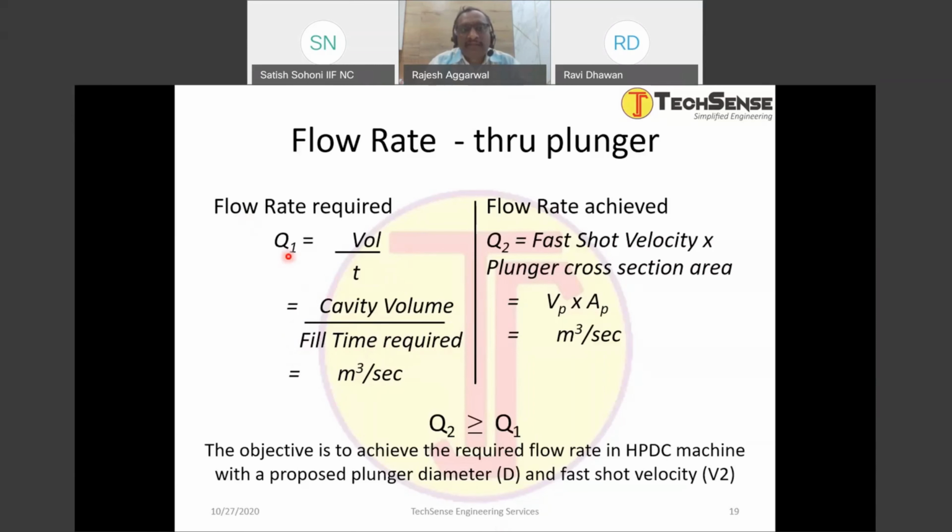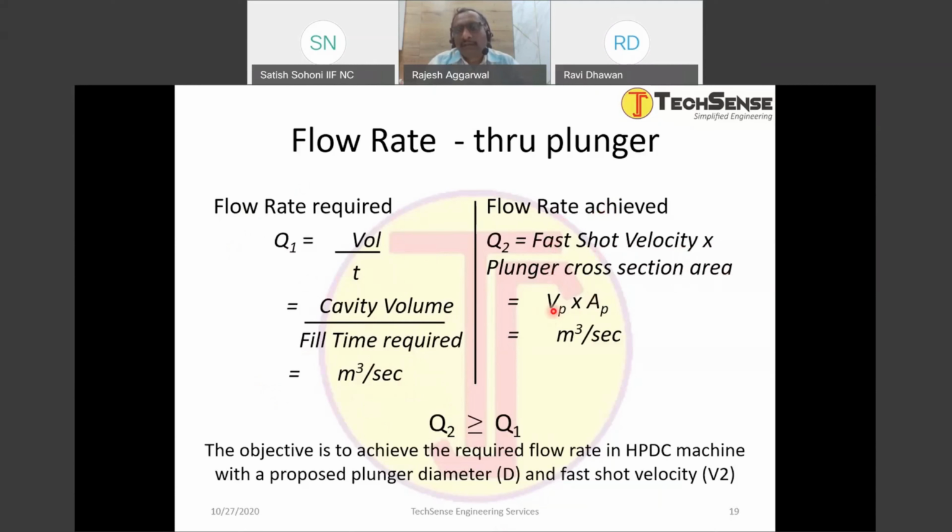I am naming this flow rate Q1 and calling it the flow rate required, in meter cube per second. My sincere request: if anybody is using this formula, always remember the units have to be matched. If the units are not matching, you may end up with completely different figures or understanding. Now, how do we achieve this flow rate? We achieve it by the fast shot speed, the velocity, and the plunger cross section area.